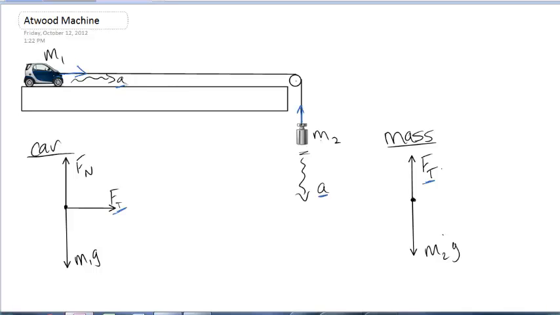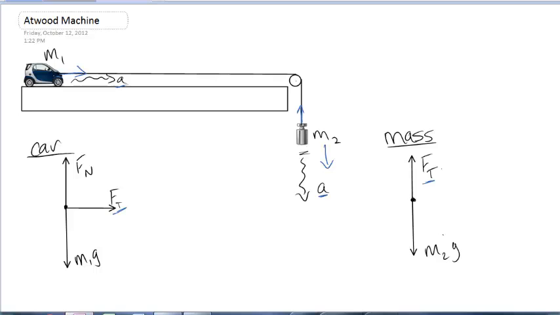In other words, as mass 2 falls at some rate, the car is going to accelerate to the right at the exact same rate. They can't possibly be moving at different speeds, otherwise the string would break.